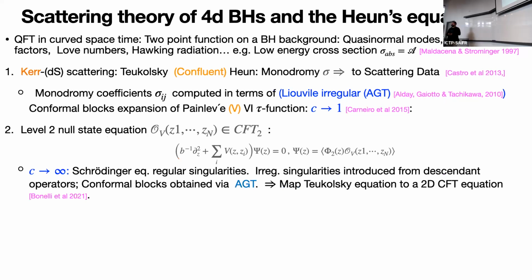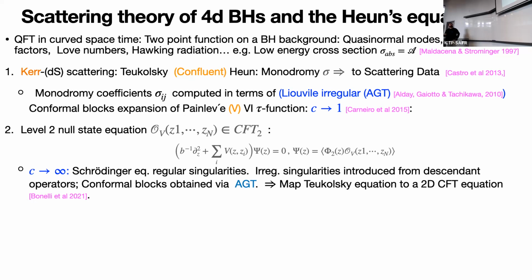The second connection is, let's just forget for a moment about this Heun equation and Teukolsky equation, and just consider a two-dimensional CFT with some multi-vertex operators in your CFT theory. If you compute the level 2 null state equation from those operators in the CFT and take the limit in which the central charge goes to infinity, you recover a Schrodinger-like equation with regular singularities.